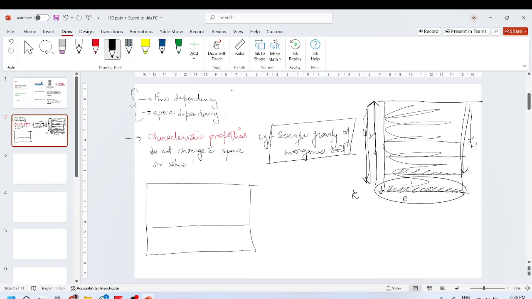So space dependency is dependency of the property on x and y coordinates. And this is already a multivariable problem here, isn't it? There are two variables here. And to get the solution for this, you will have to go for partial differential equations.